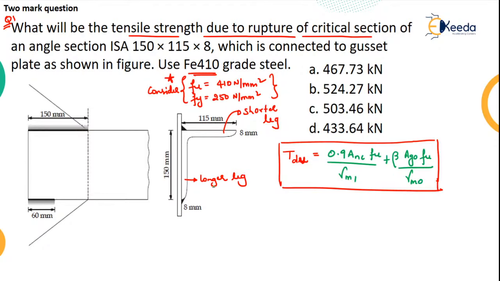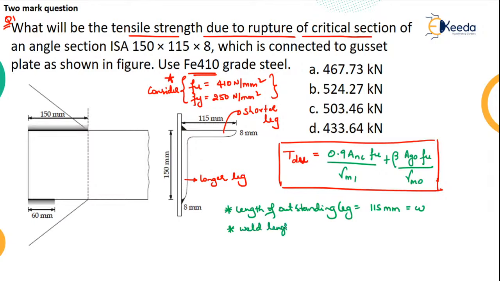Now, what is the length of the outstanding leg? So let me write all the values. Length of outstanding leg is nothing but the leg which is not connected. Okay, so this is equal to 115 mm. Let me call it as W. So what will be the weld length along the direction of leg?